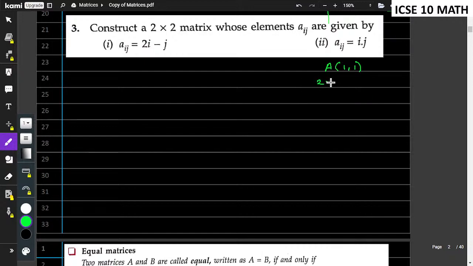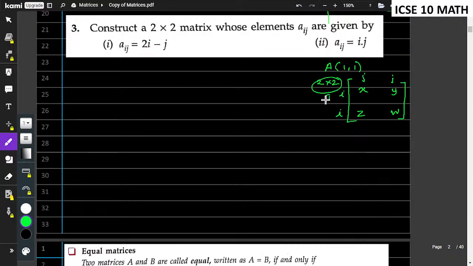Let's take one matrix of order 2 by 2. So it will have 2 into 2, 4 elements, right? Let's say these elements are X, Y, Z and W. I is for rows and J is for columns.